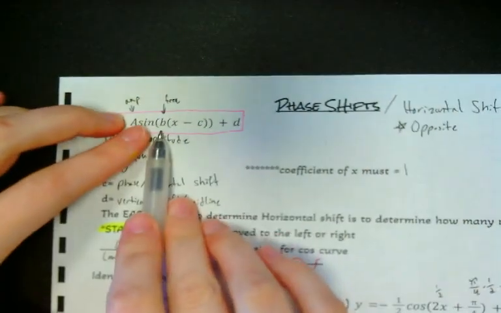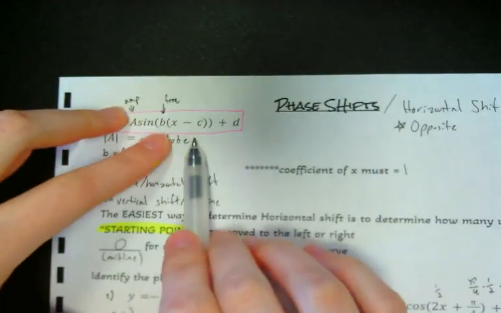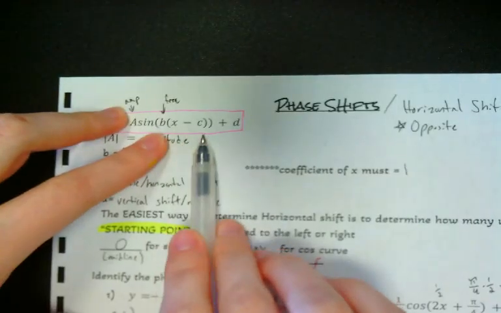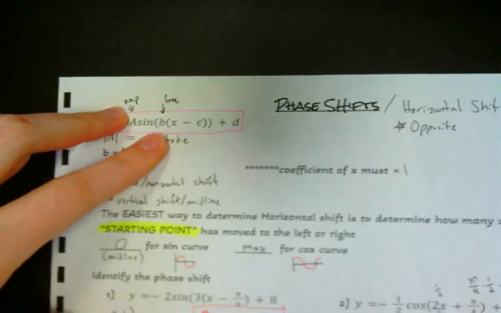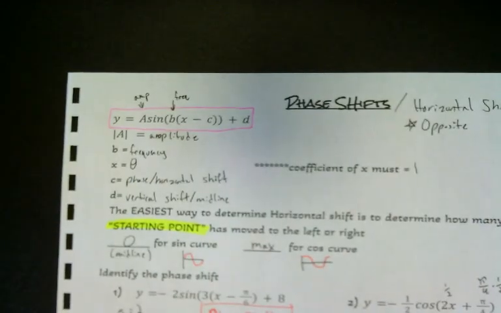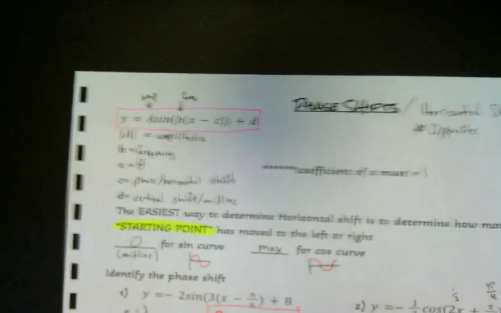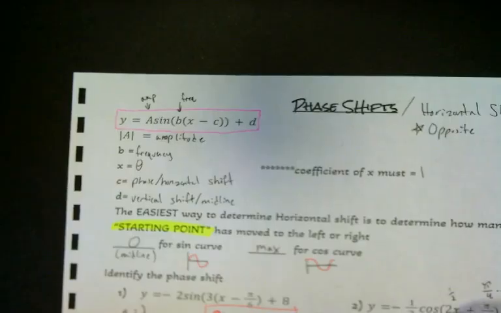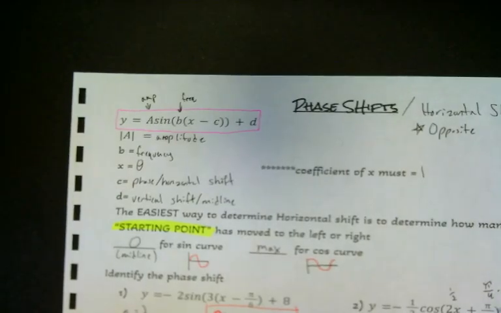If we look at my form up here, I have this frequency out front, and then in the second set of parentheses, I have my x minus whatever my phase shift is. I need this x plus or minus whatever to be all by itself. That's why I'm pulling this 2 out. So if I multiply this by 1/2 to get rid of that 2, I also multiply this by 1/2.